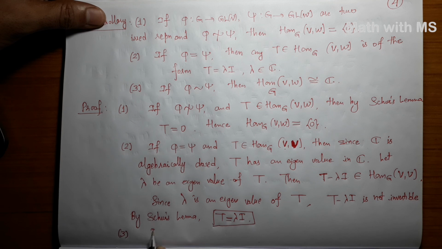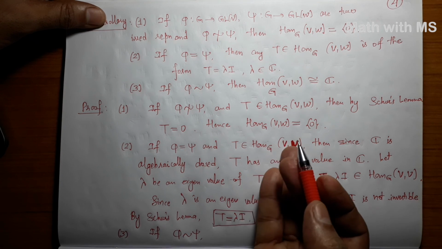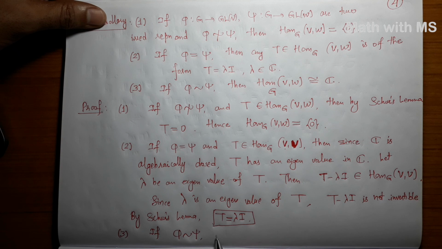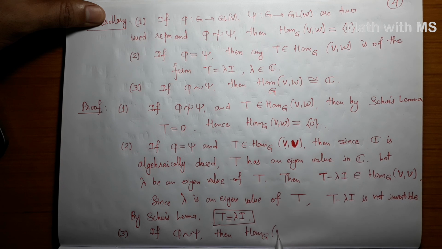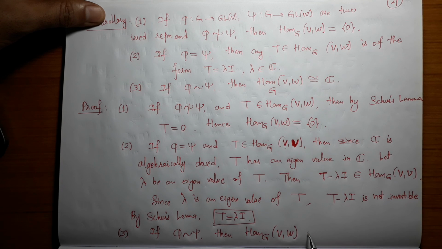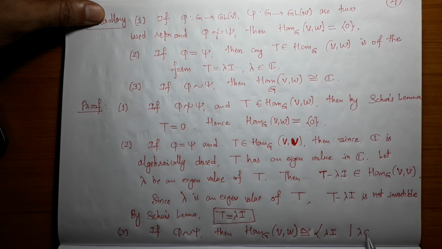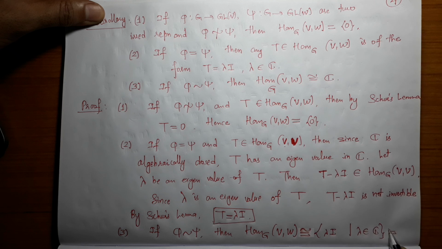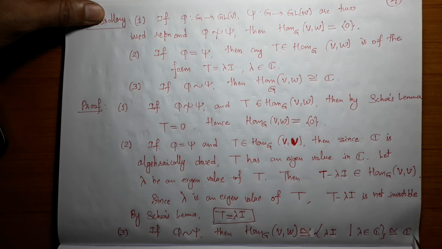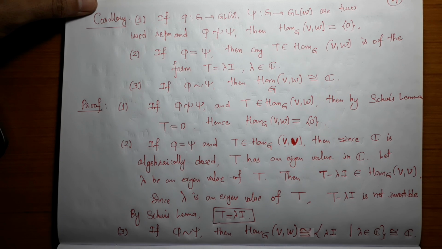If phi is equivalent to psi, it is the same as this case. Then Hom(V,W) is just lambda times identity, where lambda is a complex number, so it is isomorphic to C. So this proves the corollary.